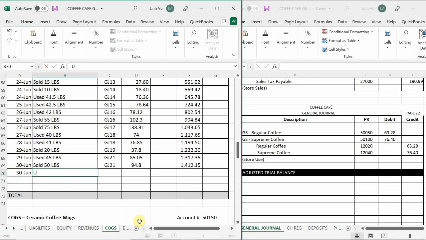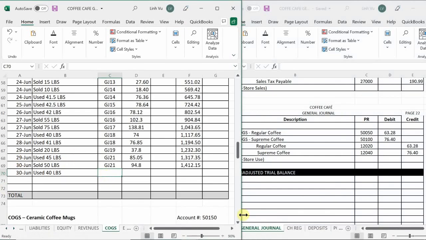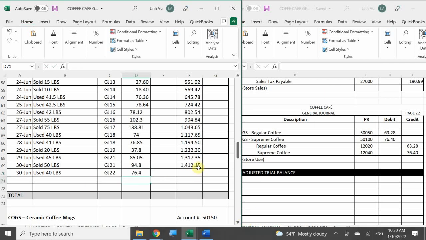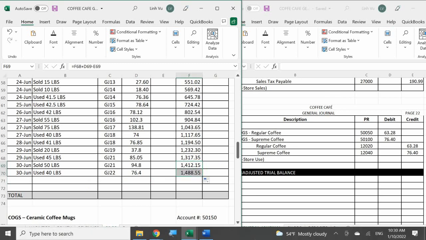We used 40 pounds. Yeah, we used 40 pounds. Okay. General journal 22 for 76.40. Ending balance. $1,488.55.